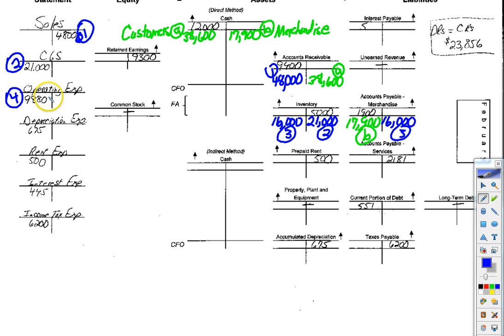Next one is operating expenses. Now for the MixMax case, we are to assume operating expenses are for salaries and utilities. That's an important assumption because that means we use those items and then pay for them later, right? A company will consume their utilities, then they'll get a bill and pay for it later.